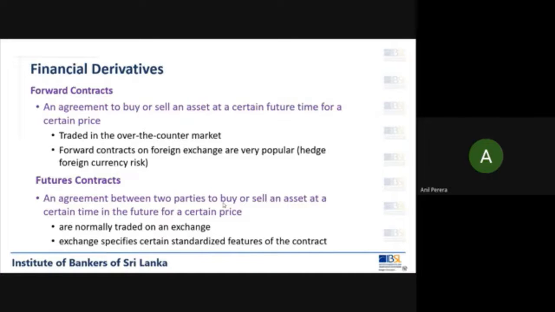We know paddy prices are very volatile, and most of the time, farmers and also consumers get affected. And the government introduced this forward contract mechanism in the past, which means a farmer may enter into a contract to sell his future harvest to the trader at the agreed price. So that would reduce the risk of market price changes. In other words, market risk. Okay? I hope it's clear.